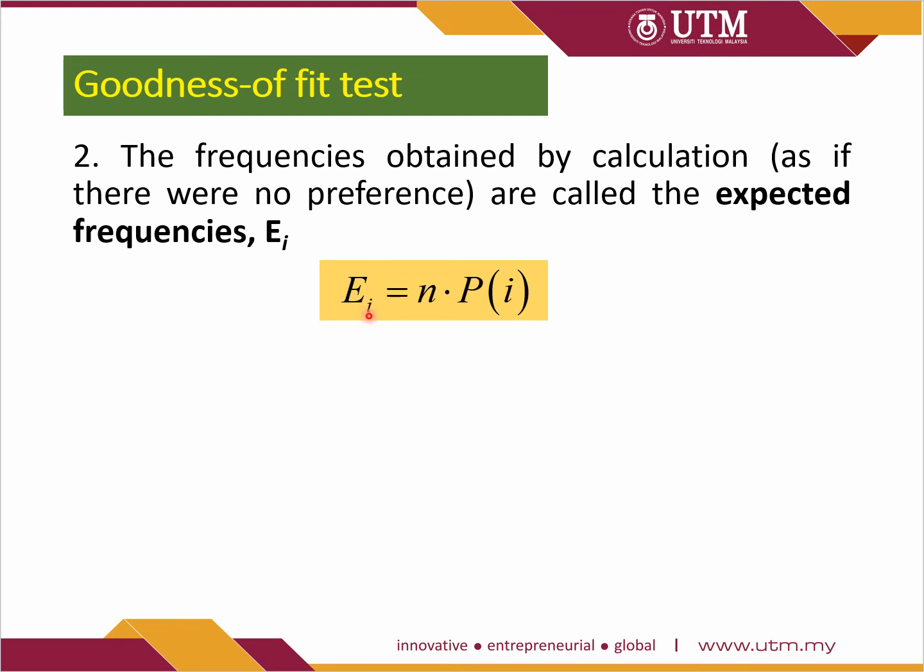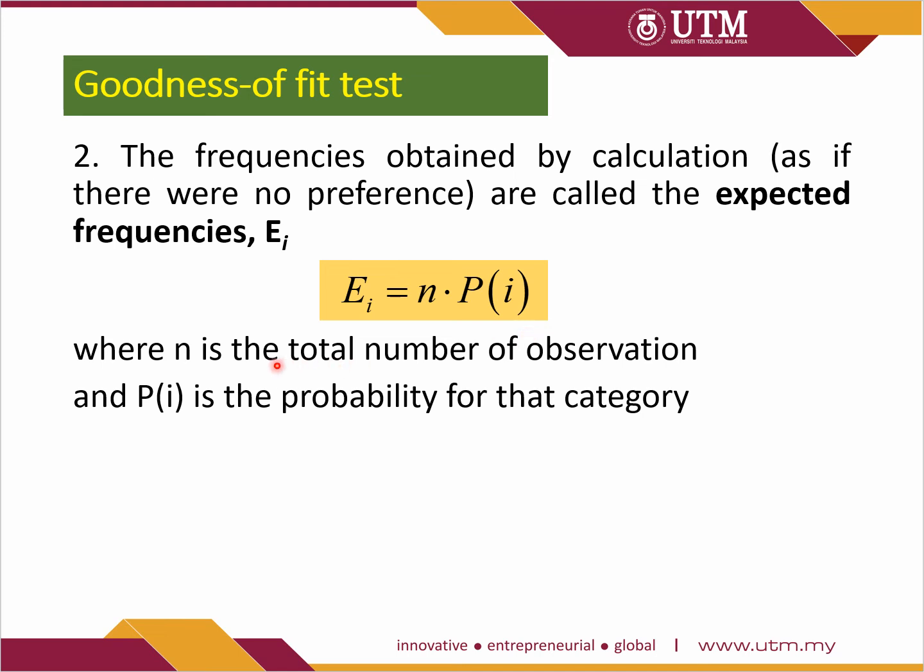Since we have 5 categories, it will be E1, E2, E3, up until E5, where the expected frequency is equal to N times Pi, given that N is the total number of observations.